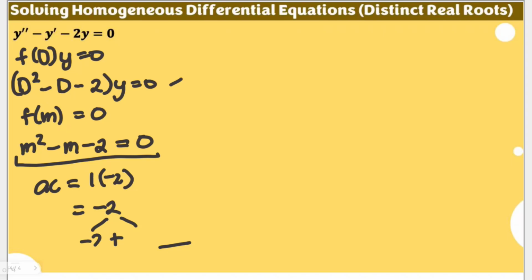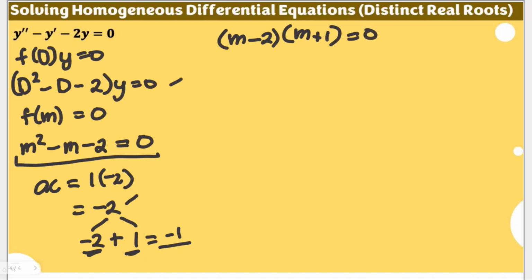This is actually negative 2 plus 1. Negative 2 times 1 is negative 2, and negative 2 plus 1 is negative 1. Hence, these are the values you're going to pair with m. So the factors are m minus 2 and m plus 1 equal to 0. Of course, if you're not confident with this, you can always use trial and error.